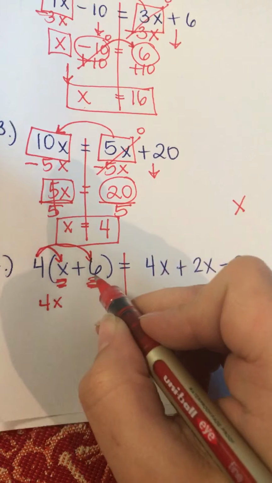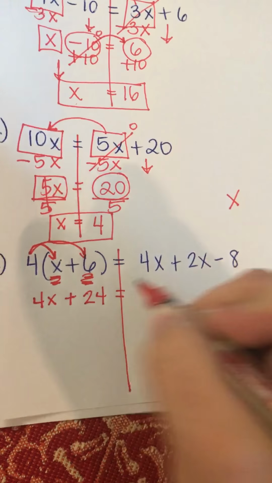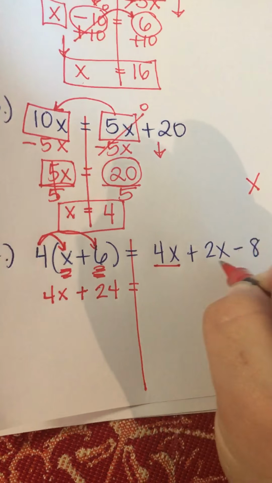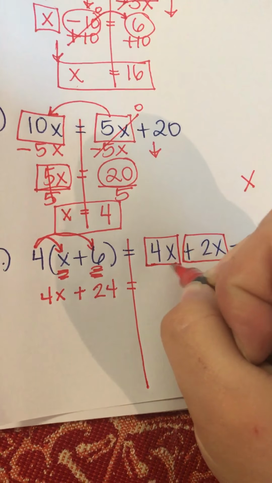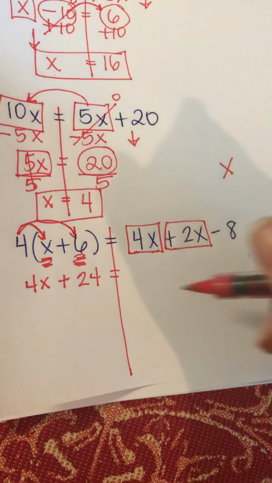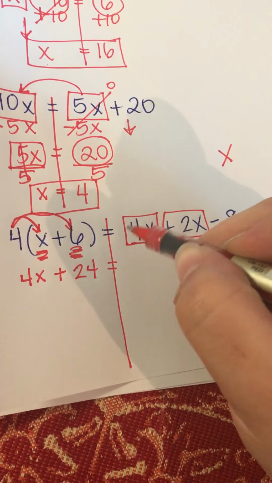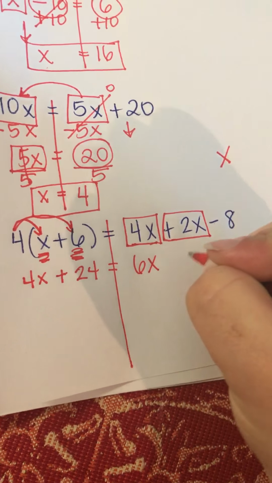And then 4 multiplied by 6 gives me a positive 24. Over here, I have two terms that are alike. These are both variables. And so since they're on the same side, I can just put them together. So I have 4 x's and 2 x's, which gives me 6 x's.